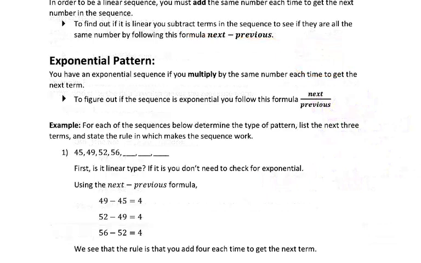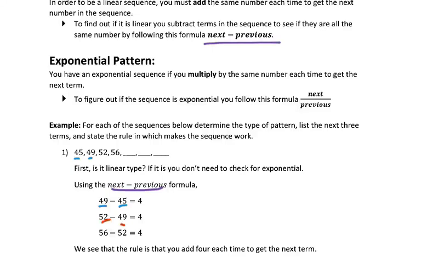Example 1: for each of the sequences, determine the type of pattern, list the next 3 terms, and then state the rule. This first one we did together. First we need to figure out, is it linear? If it is, then you don't need to check exponential. So we're going to start with linear, so that's next minus previous. We did the next minus our previous, so 49 minus 45, and we got 4.